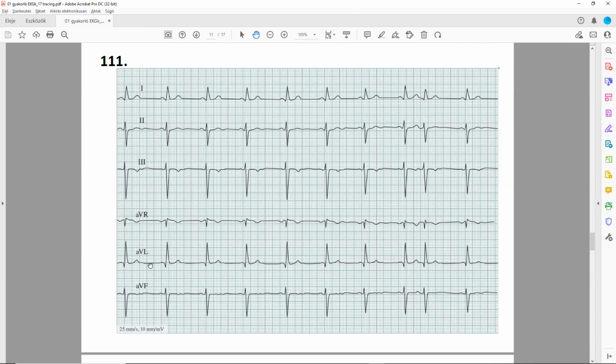Yeah, but you can use this 300 because it's mostly rhythmic at one pace, a little bit faster, but possibly that's a compensated one, so the heart rate doesn't change too much. And if you count how many big squares we have between the R's, 1, 2, 3, 4, 5, a little bit. So that's bradycardic.